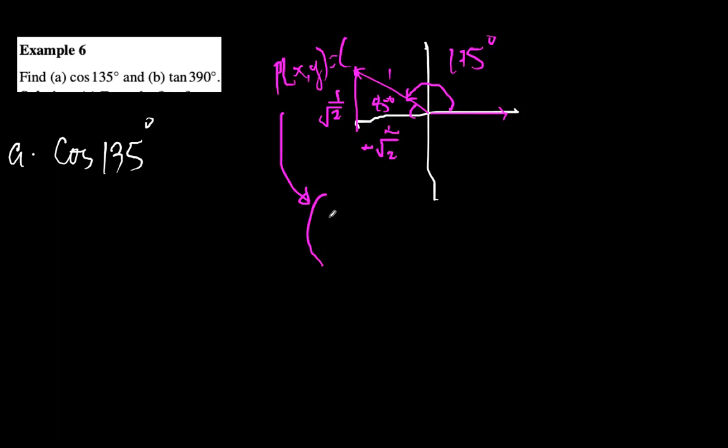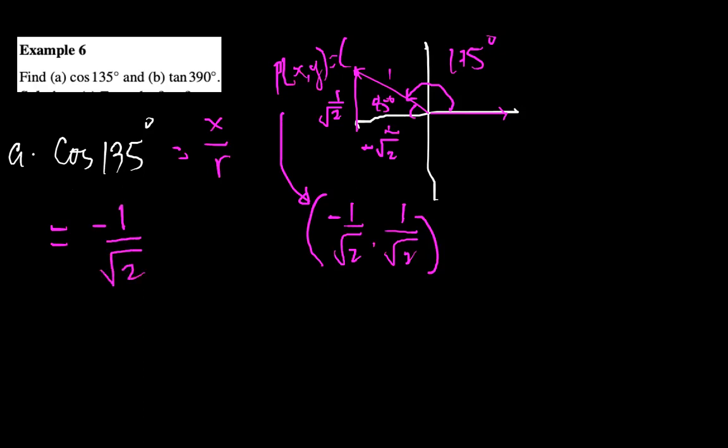So, x is negative 1 over square root of 2 and y is 1 over square root of 2. Got it, class? So, cosine 135 degrees is equal to x over r. Since it's a unit circle, it's just x. So, negative 1 over square root of 2. Okay? Got it. Guys, did you get it? Question?